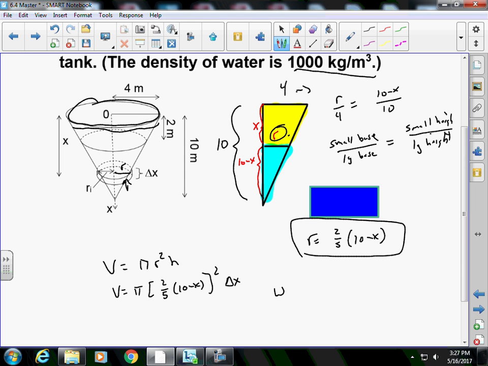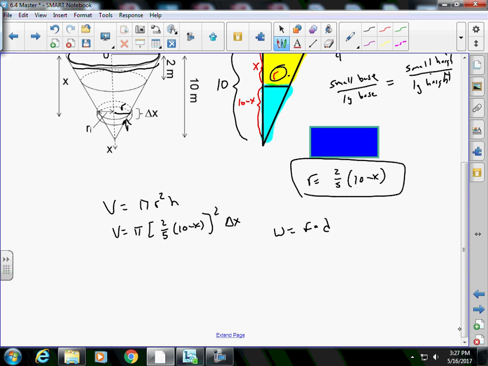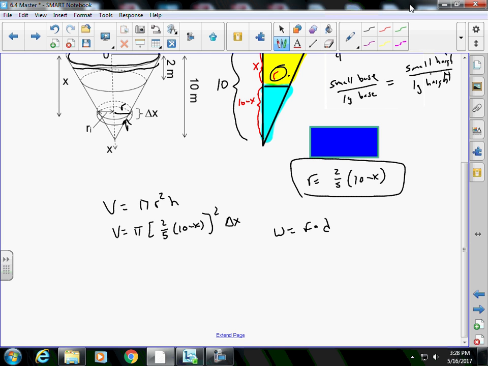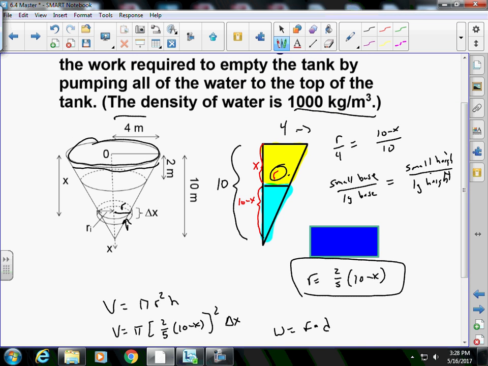And we know that work is equal to force times distance. All right. So we have the volume. Volume is equal to pi r squared h. Unfortunately, I can't edit out my sneeze. So we need mass. And the mass has to do, going back up here, with the density of the water.